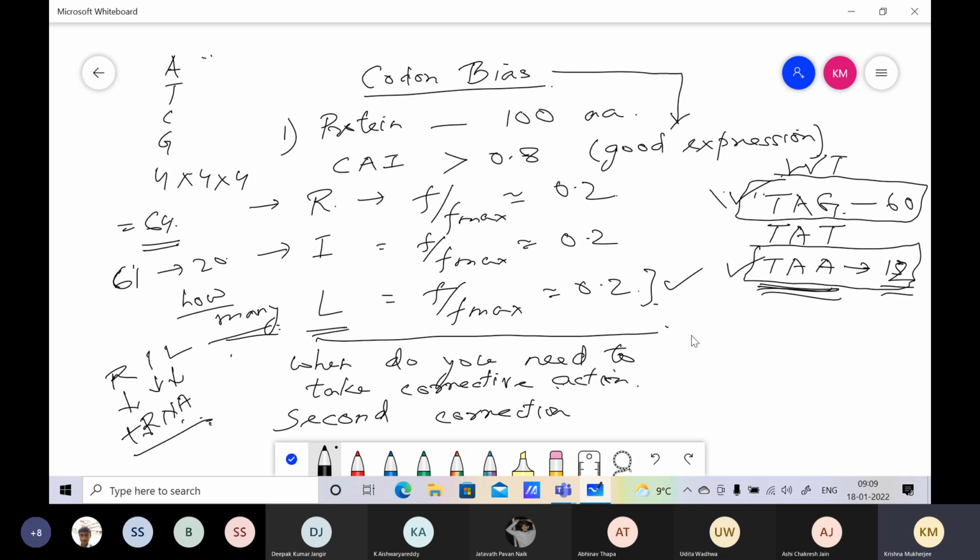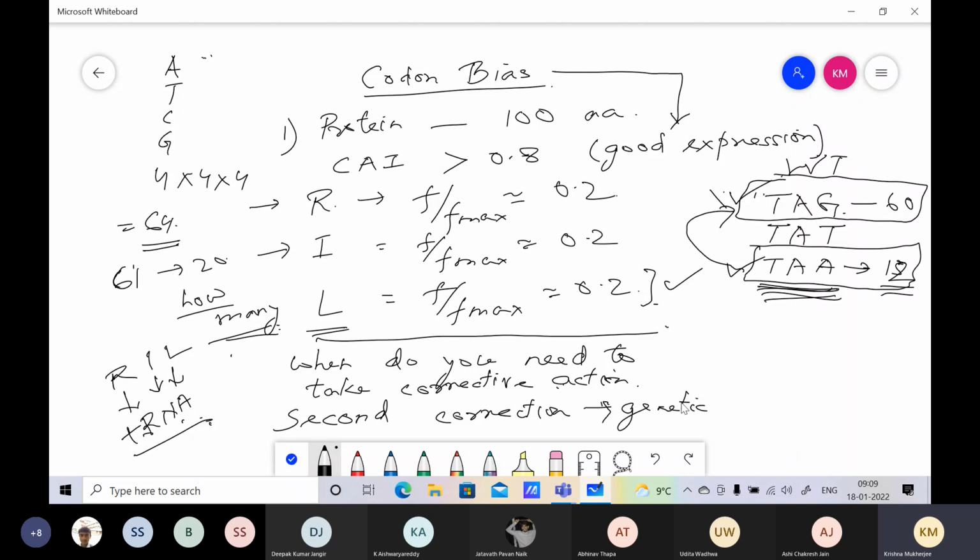Sorry, the other way around. Wherever there is TAA, please replace it by TAG, so that there is no codon bias. So you can actually remove it at the genetic level. So the second correction is at the genetic level.